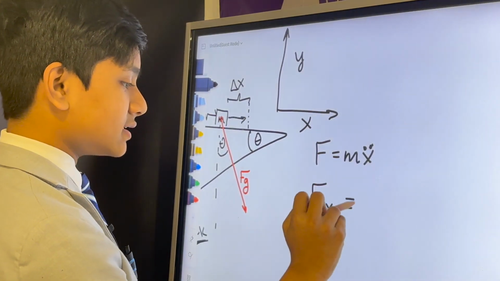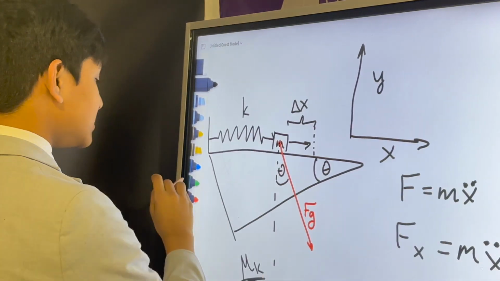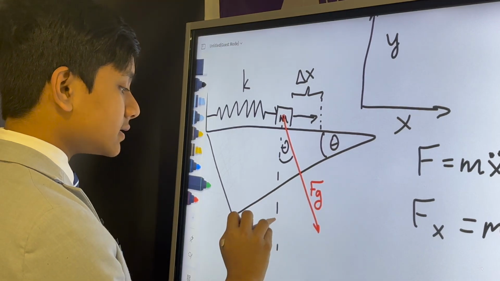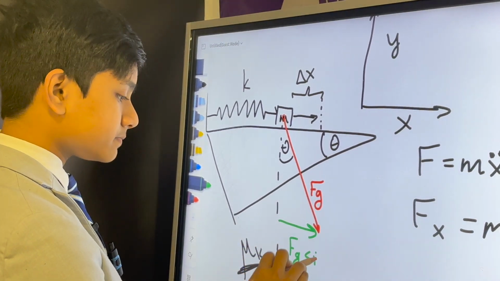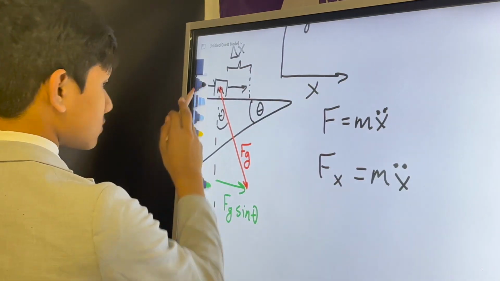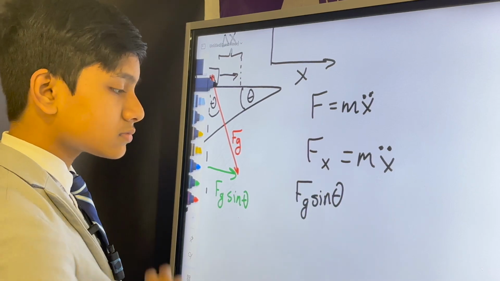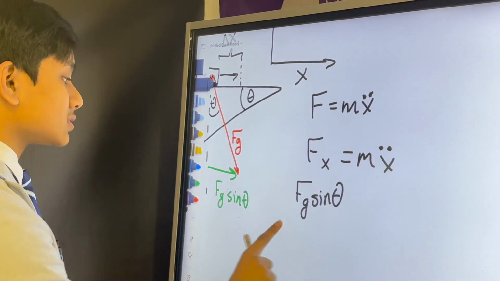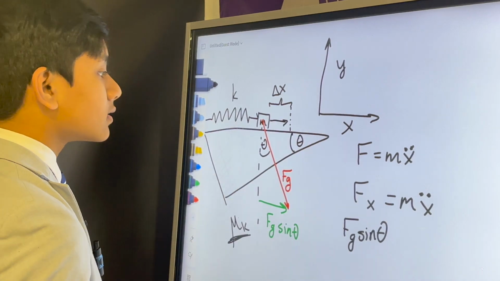So Fx is equal to m x double dot. The component of Fg that acts in that direction is going to be Fg sine theta. That's going to act in the positive x direction, as you can see here.